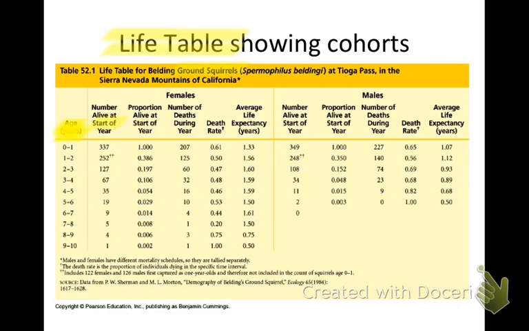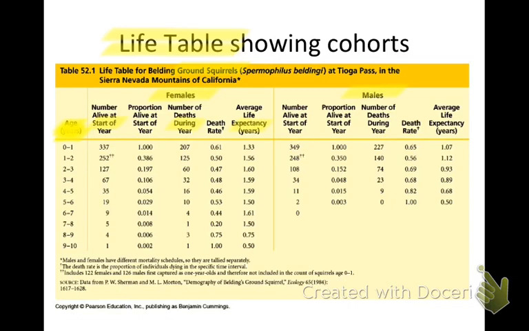Then they're going to look at the number of deaths during that year. What's the death rate, meaning what's the proportion of death to alive, and then the life expectancy. What's the average life of this ground squirrel? And they mainly split it up into males and females to see, hey, what gender of squirrels lives the longest.